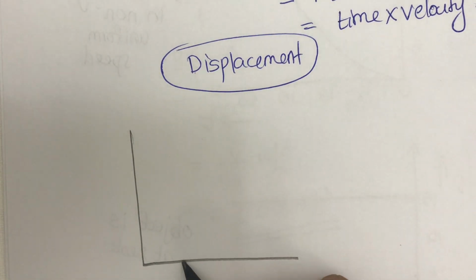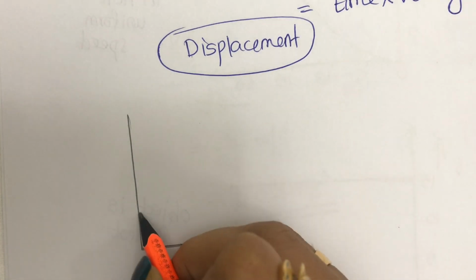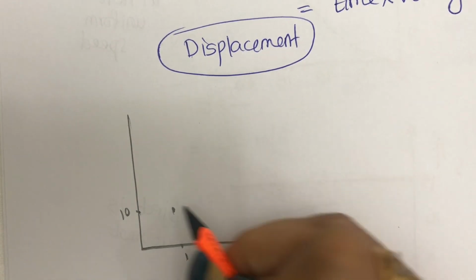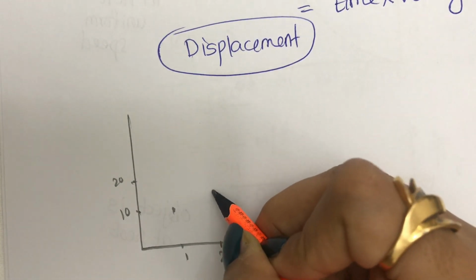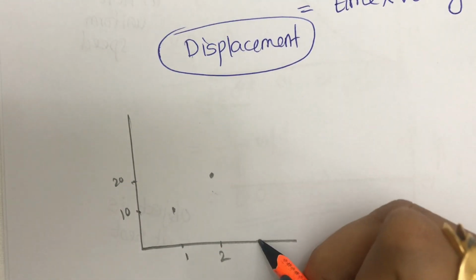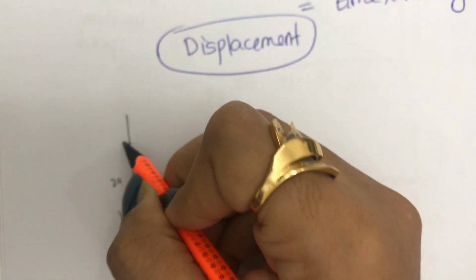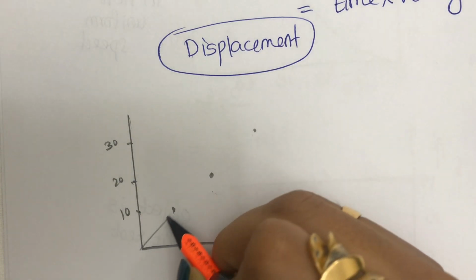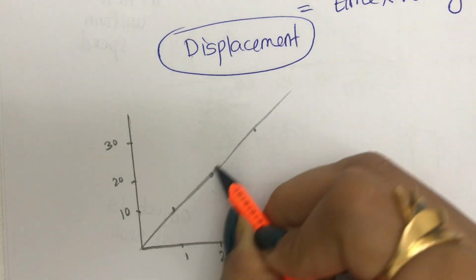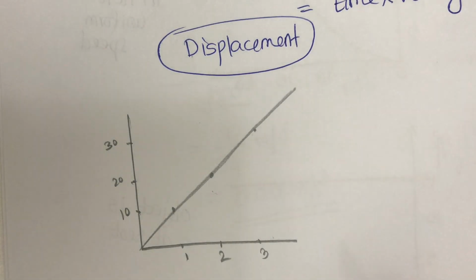During my first hour it moves 10, in my second hour it moves 20, during my third hour it moves 30. So my graph will be a straight line inclined to our time axis.